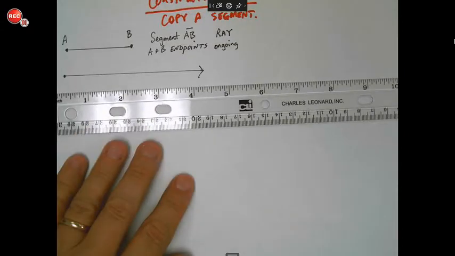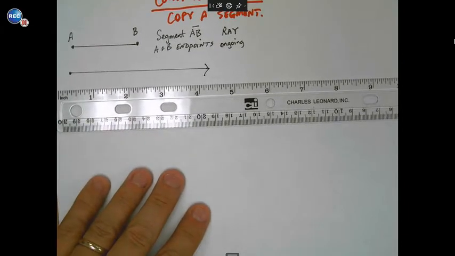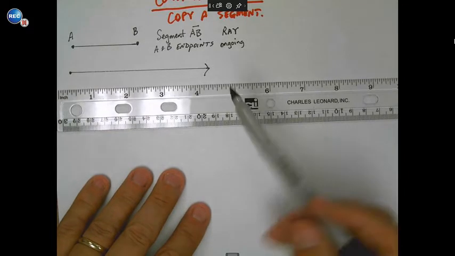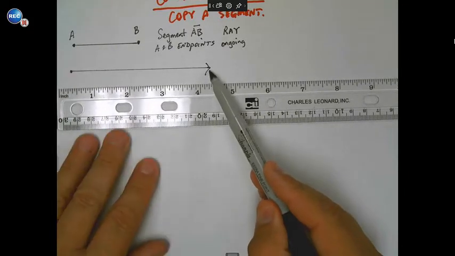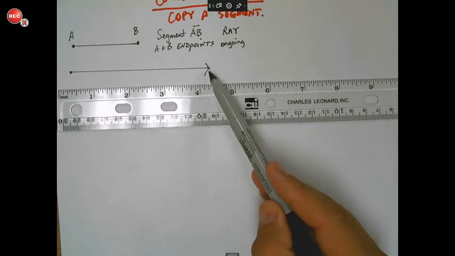What's a mathematical word for it not stopping? Where does it go to? Infinity and beyond. That's what the arrow represents at this end of a ray. Any questions?